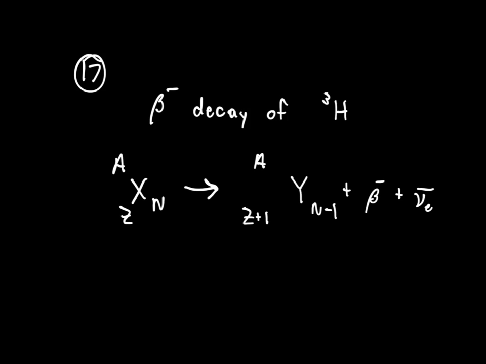What did A represent? Atomic mass. And what is that? Protons plus neutrons. So what's Z? Atomic number, and what particle does that represent? Protons. What does N represent? Neutrons. So Z plus N is A. And what is X here? It's an element.